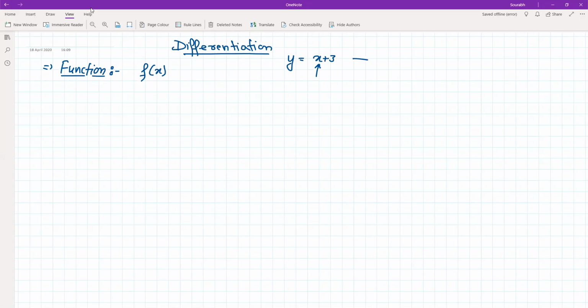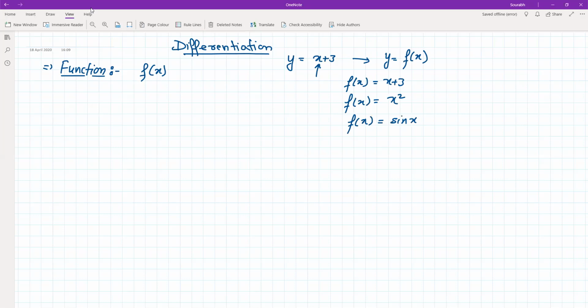So commonly it will be represented as y is equals to f of x, and that f of x can be anything. Here this f of x can represent many things. For example, it can represent, as we have seen above, x plus 3, or x square, or sin x, a trigonometric function.